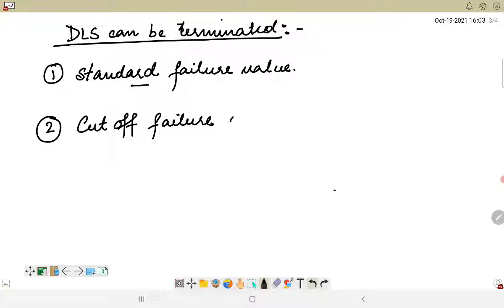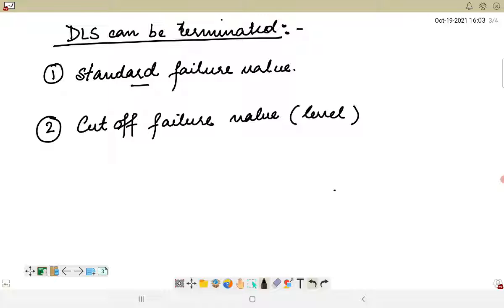So cutoff failure value basically pertains to the level or the limit of the level, and if within that particular limit we do not have the solution, then also the DLS can be terminated.